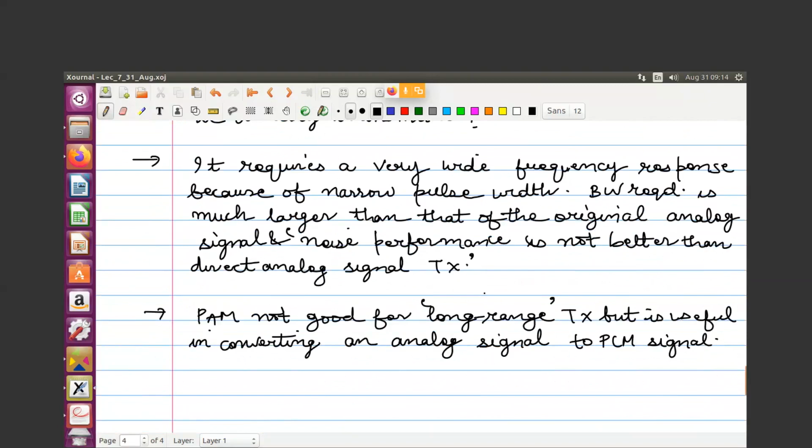It is not that you can sample and theoretically get the original signal back. It is not the case because of non-realizability of ideal filters, as well as impulse sampling not being very practical. So a theoretical concept, once it translates to reality, will give you a few issues. That's why this is one of the reasons that noise performance is not better than direct analog signal transmission.